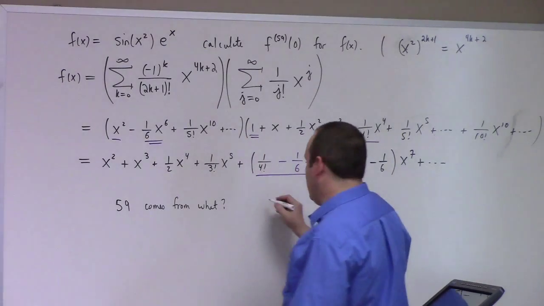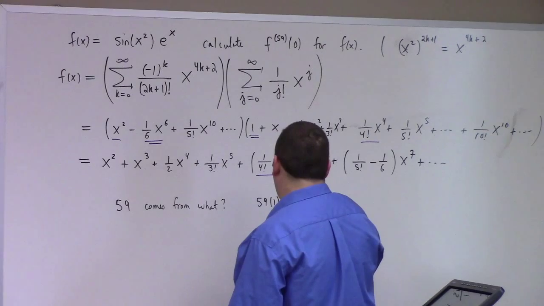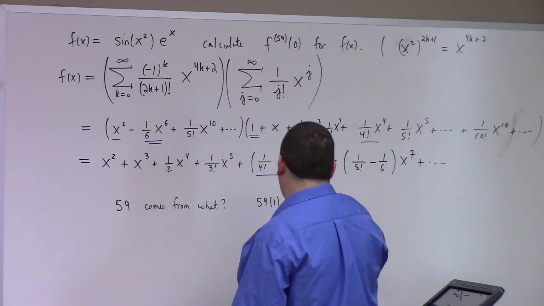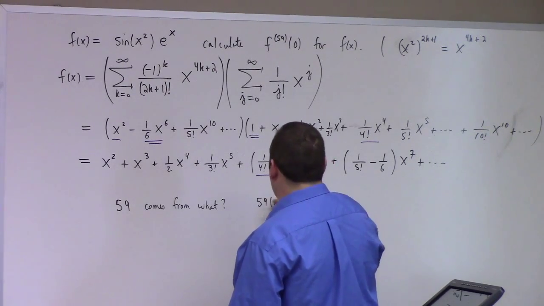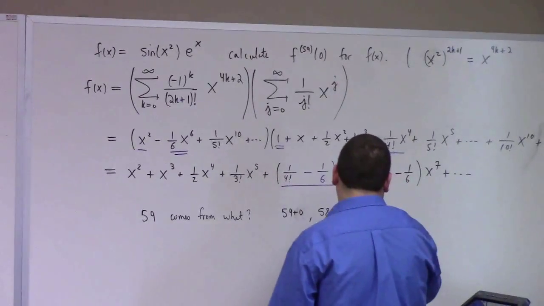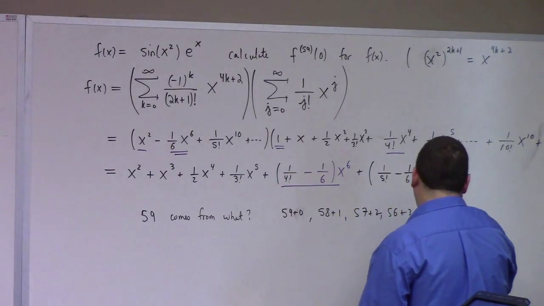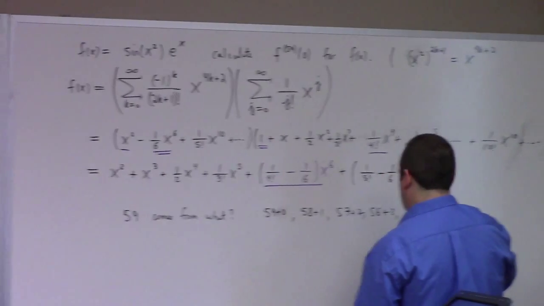In principle, you've got 59 plus 0, or you've got 58 plus 1, or you've got 57 plus 2, or you've got 56 plus 3, or you've got 55 plus what?